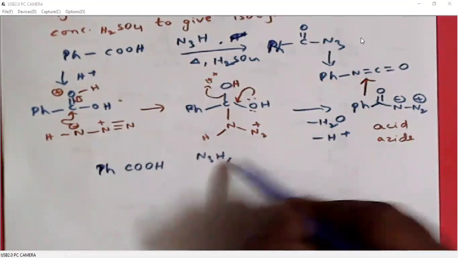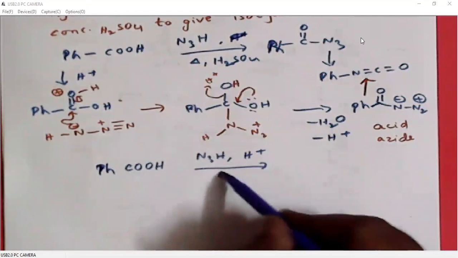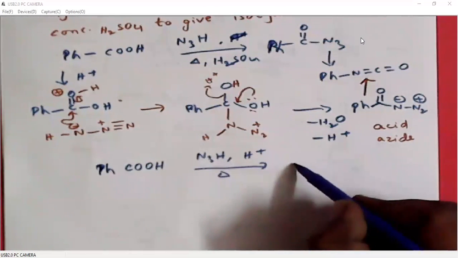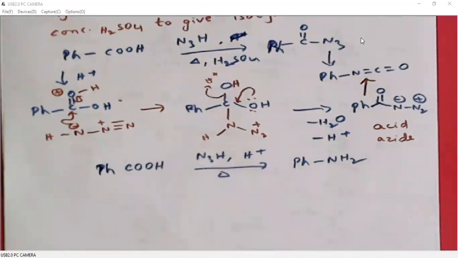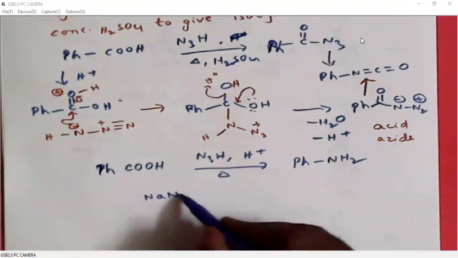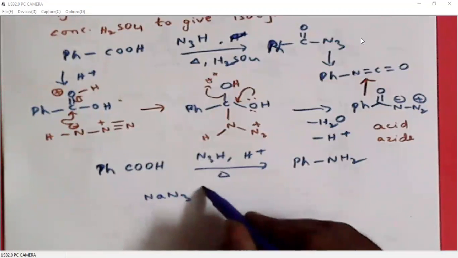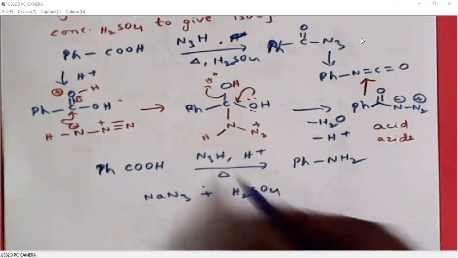carboxylic acids are treated with hydrazoic acid under strong acidic conditions. And finally, when we add water to isocyanates, they are converted to amines. Now we can also use sodium azide and sulfuric acid to generate hydrazoic acid.